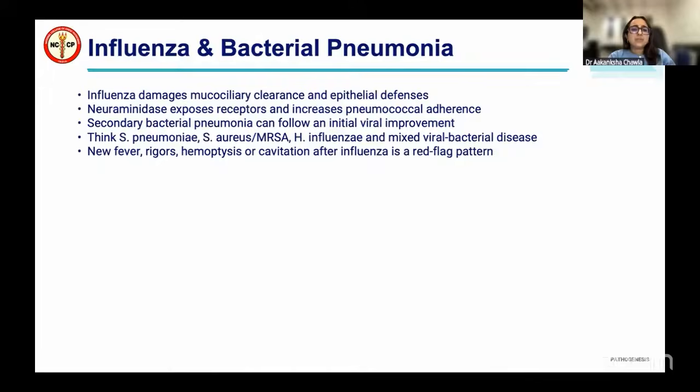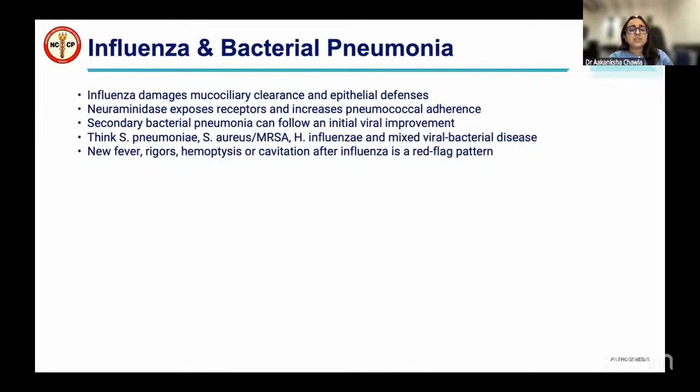Now, a little bit about influenza and bacterial pneumonias. We often hear about the association of bacterial pneumonia, and this was quite extensively discussed in module 4. So, influenza damages the mucociliary clearance and epithelial defenses. And secondary bacterial pneumonia can follow an initial viral improvement.